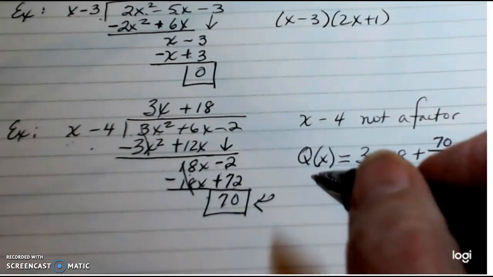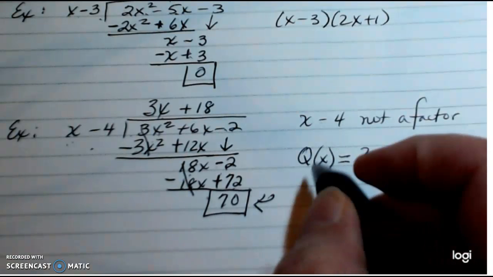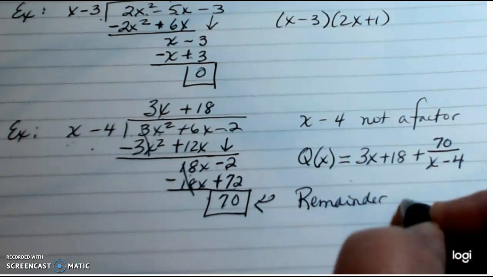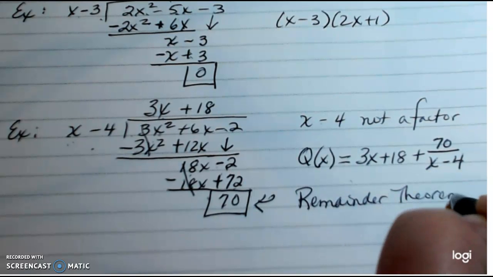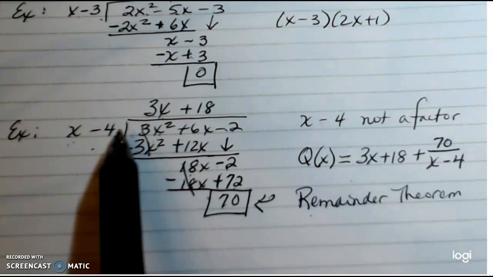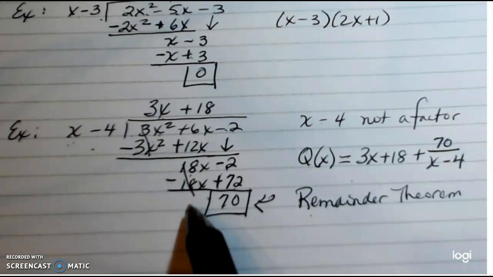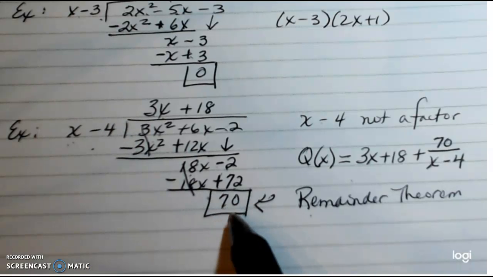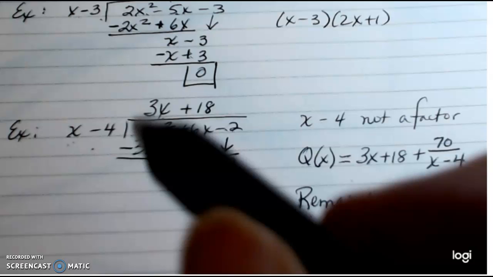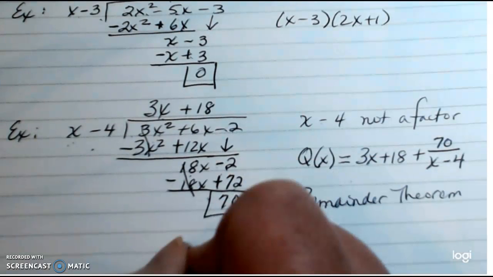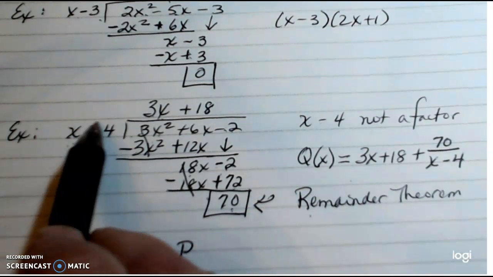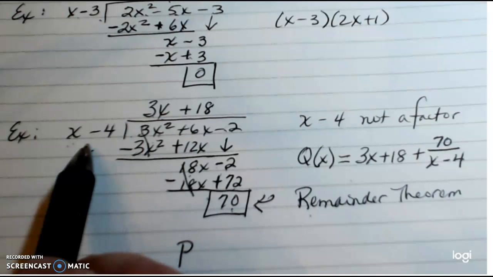There is an interesting theorem called the Remainder Theorem in algebra. And what that Remainder Theorem tells you is if you do polynomial division and you get a remainder, the remainder is the value of your polynomial function at the zero associated with this factor.